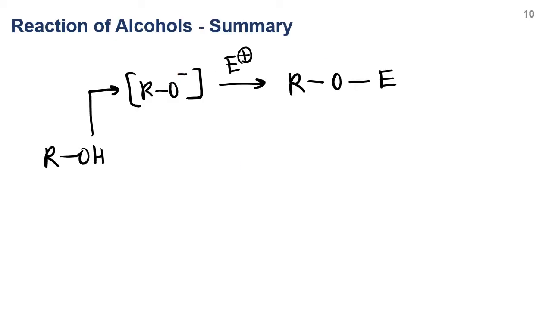So to sum up the reactions of alcohols, first, the oxygen can act as a nucleophile to react with an electrophile to form RO-electrophile. But you can also increase the nucleophilicity of the oxygen by reaction with a base that can remove the proton and form the alkoxide with even more nucleophilicity.